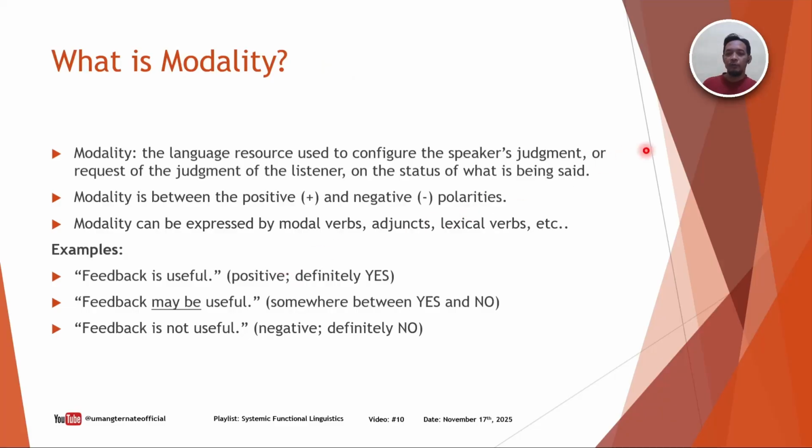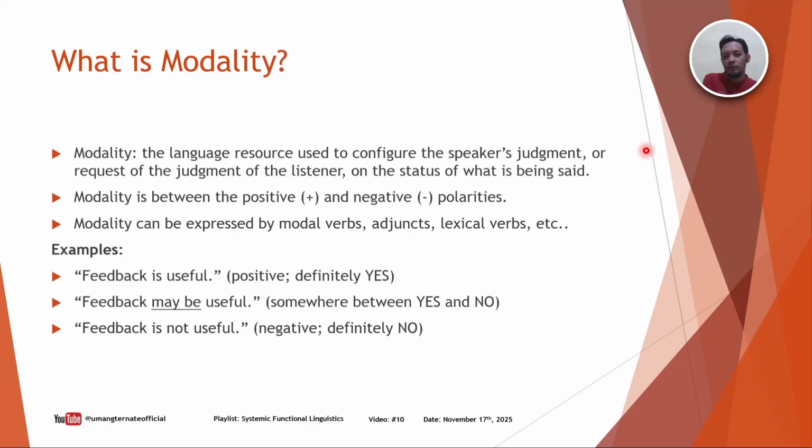Now, after we understood what the mood system is and its functions, in this video we talk about modality. So we begin with the question: what is modality?